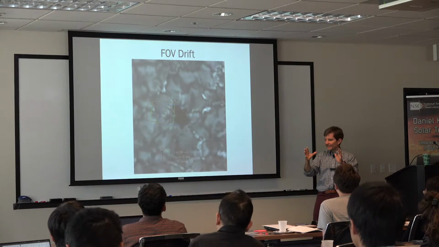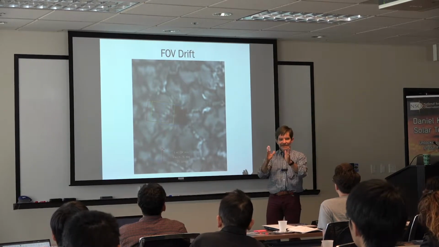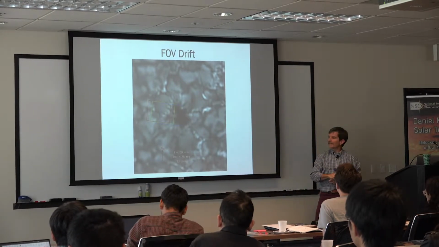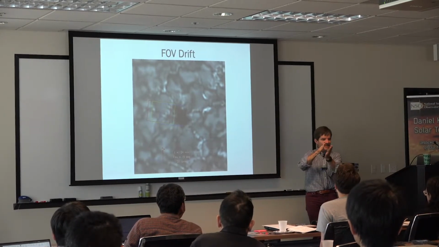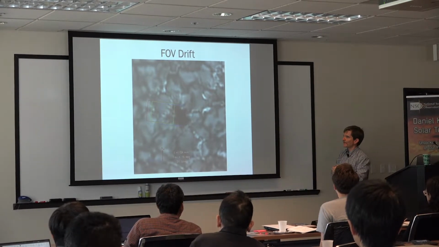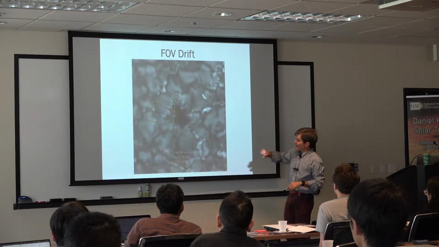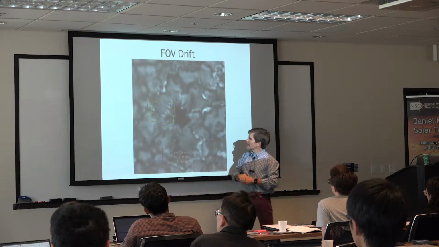And so these shifts now are getting to be about the size of the field of view. And we also have the VISP, which has a slit. And that will also cause problems because the slit is very narrow in one direction. So this is an image showing an observation, say, of a pore.